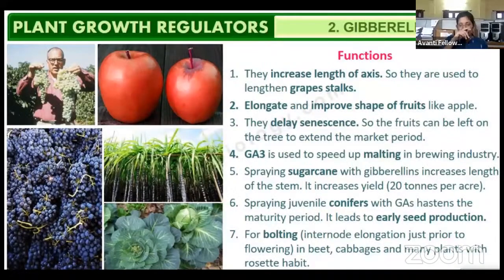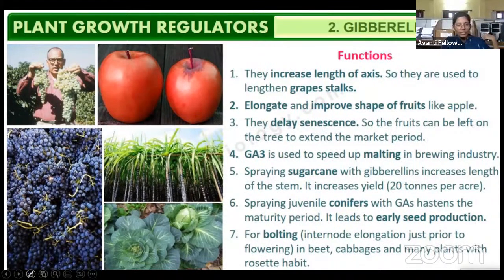Now let us see. The function of this gibberellic acid is that they increase the length of the axis. Okay, one example is grapes. We all know the grapes. So if we spray this gibberellic acid on these grapes, the length of the grape stalks is going to increase.